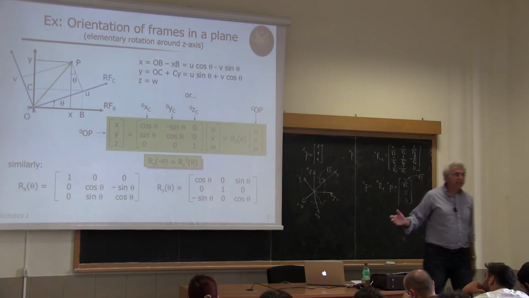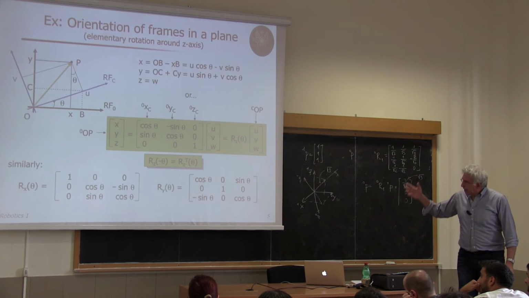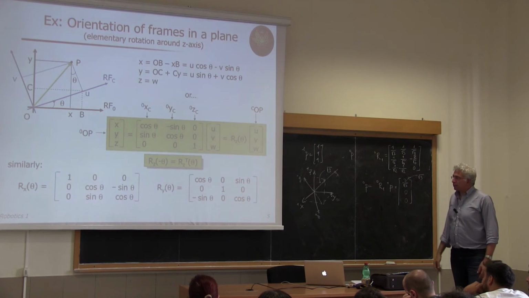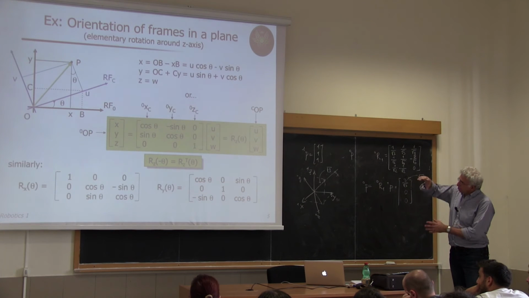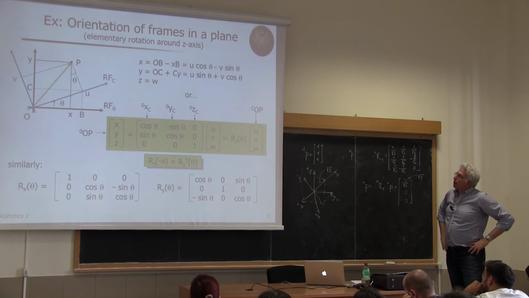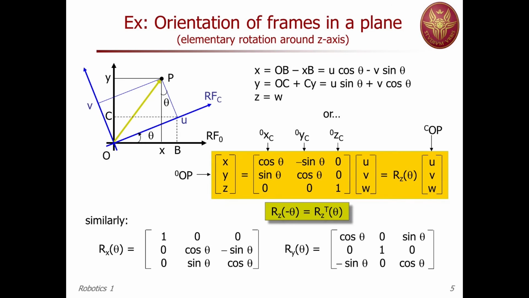I leave it as an exercise to obtain the elementary rotation matrix when you're rotating the frame by an angle theta, or psi, or whatever you want to call it, around the x-axis, and you have the 1 here and the same structure here as this one.